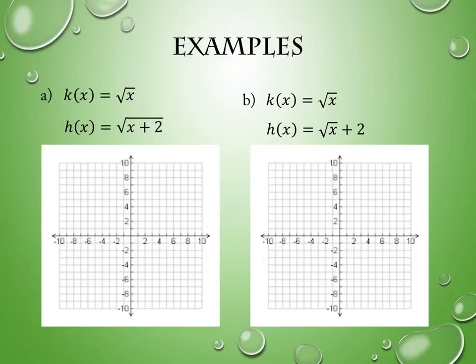And in y2, you're going to write square root of x plus 2. When you do that, you have to make sure that the x plus 2 is in parentheses underneath the square root. At least most of your calculators are going to require it to be done that way. So the square root graph looks something like this.